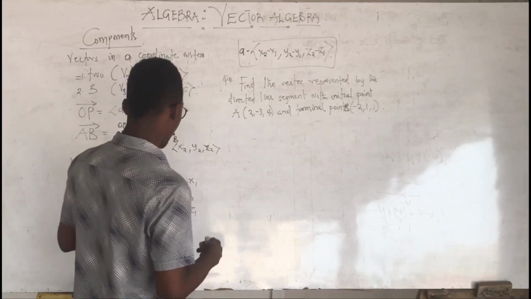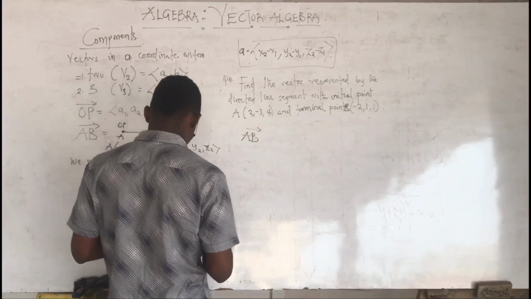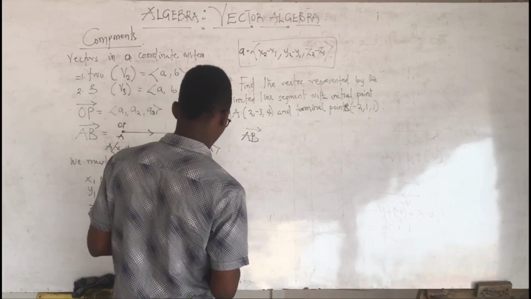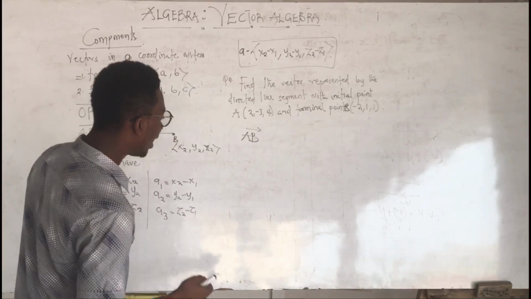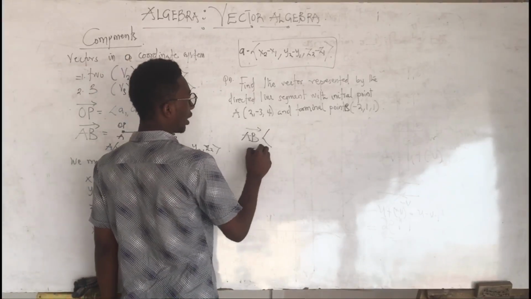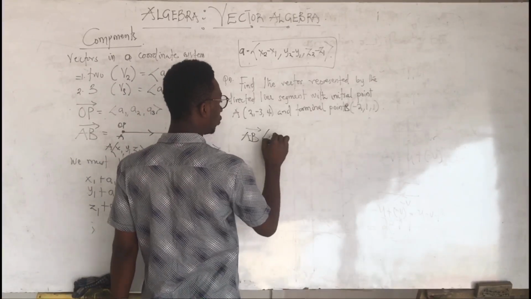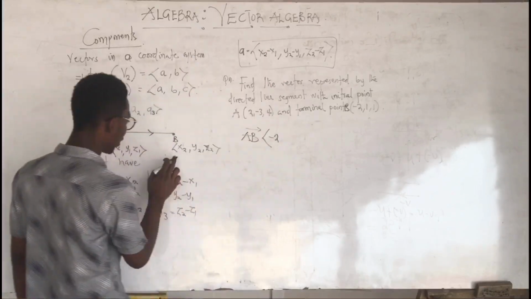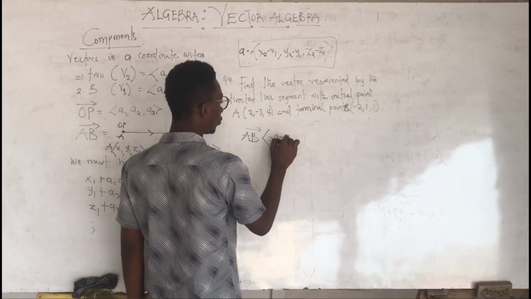So what do we do here? It is very simple. If you want to find the vector represented by A to B, it is always B minus A. So you take x2 minus x1: minus 2 minus 2 over here.